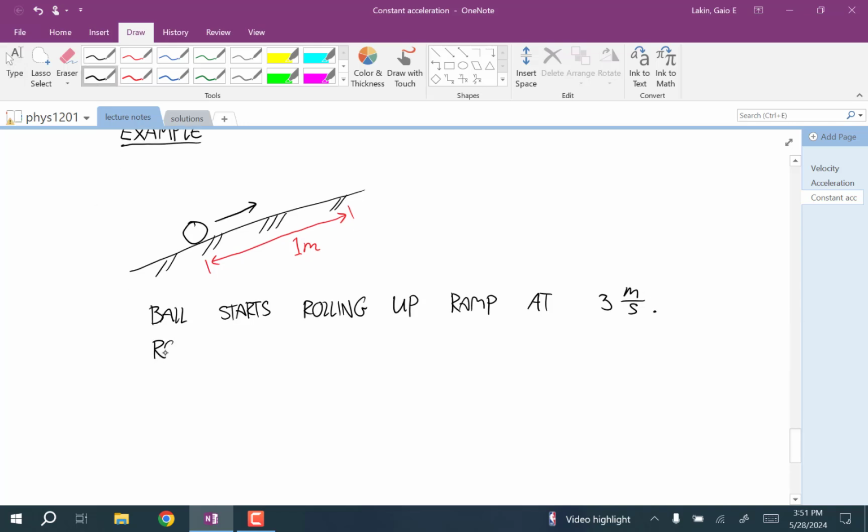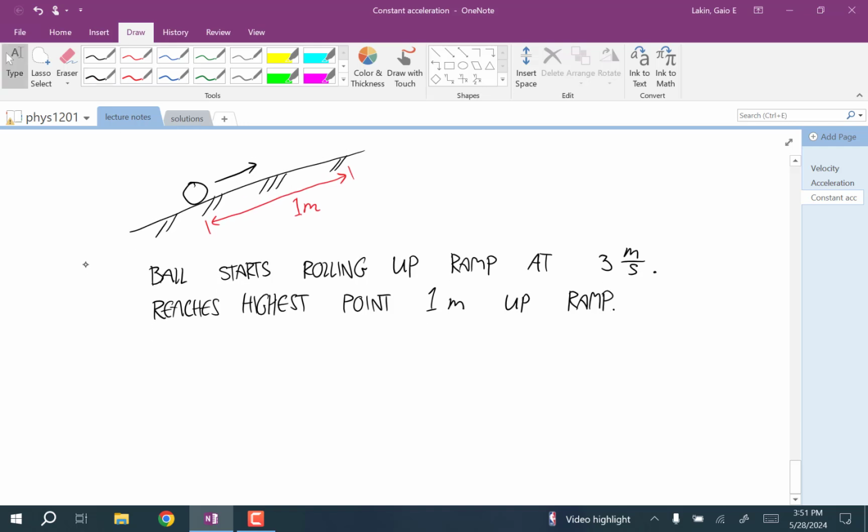So it reaches its highest point one meter up the ramp. And the question is, how long does it take to reach its highest point?